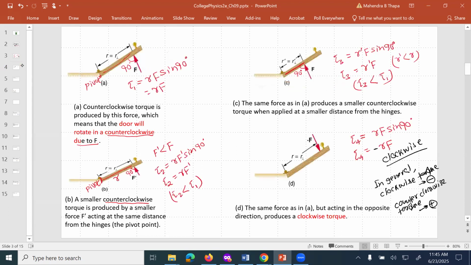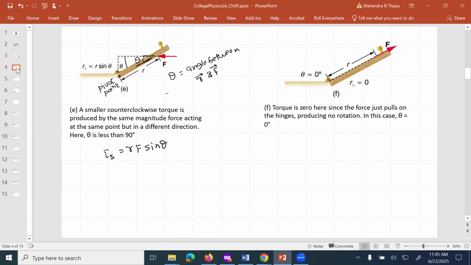Be careful that this time the angle is not perpendicular. So it just remains theta. Vector R is represented by this line, and vector force is applied this way. So from this picture, we can say that this torque is counterclockwise.